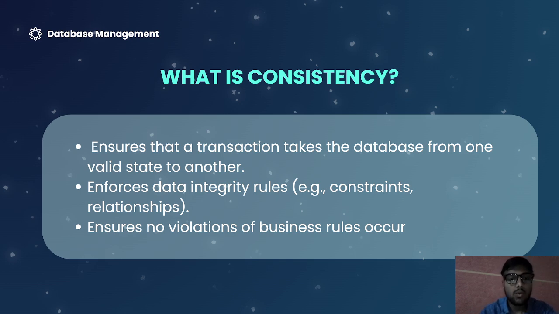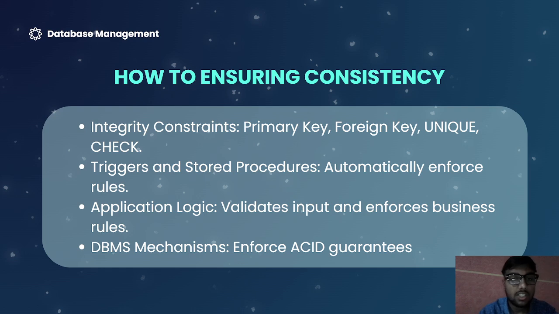Here is how we can ensure consistency: it uses integrity constraints like primary key, foreign key, unique, check, triggers and stored procedures, which automatically enforce rules. Your application logic also plays a big role in validating inputs, and of course the DBMS mechanisms which enforce ACID guarantees.